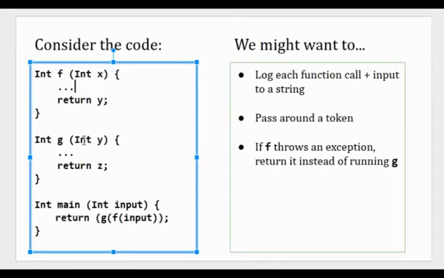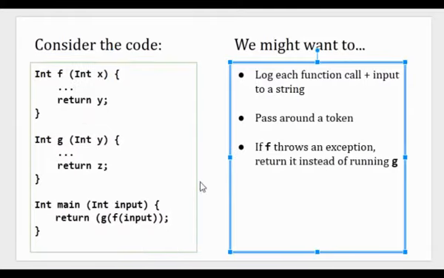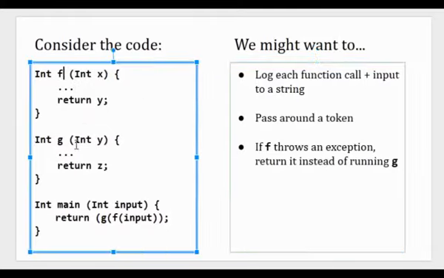This would be some way of simulating state in a persistent setting. And then, of course, if these functions can throw exceptions, you might want to escape from calling the rest of the functions and just return the exception that gets thrown. All of these things can be done by just overloading function composition.